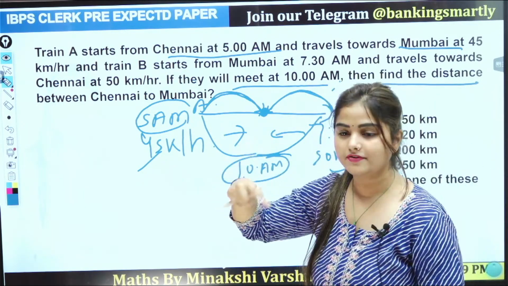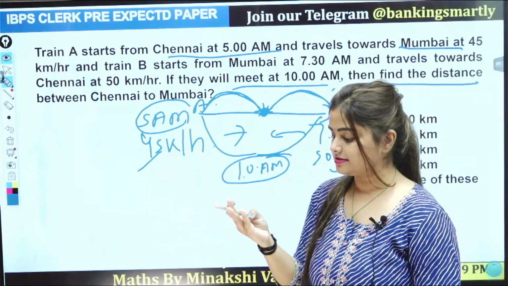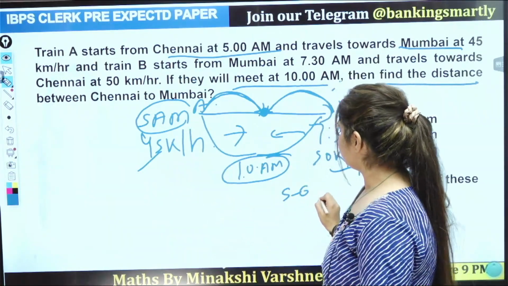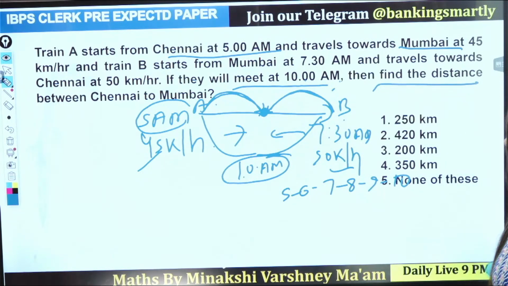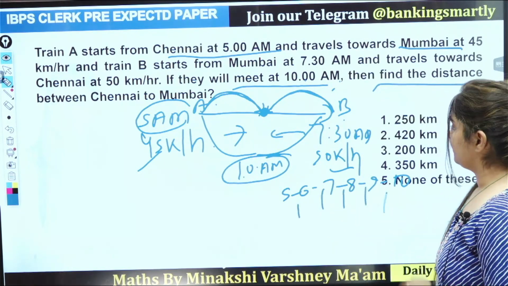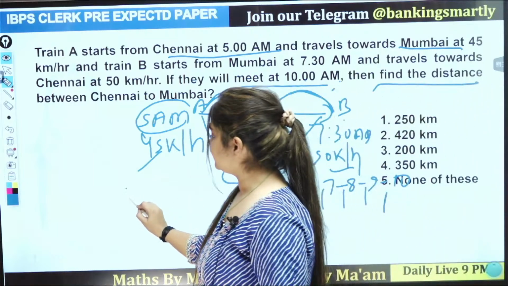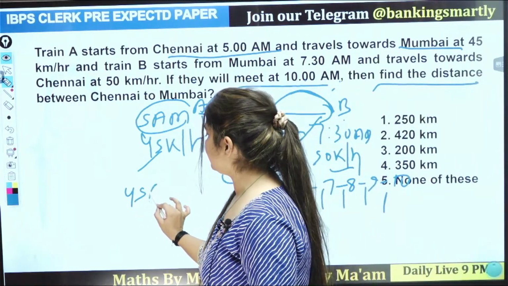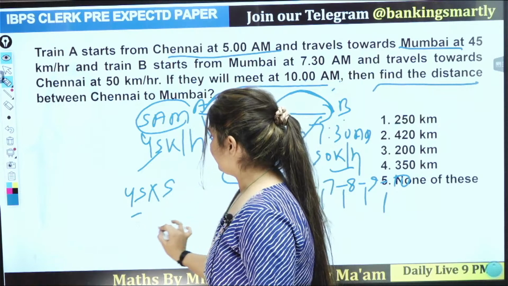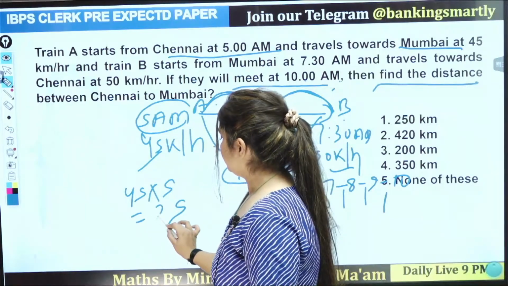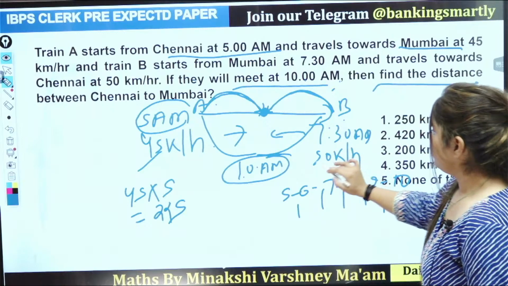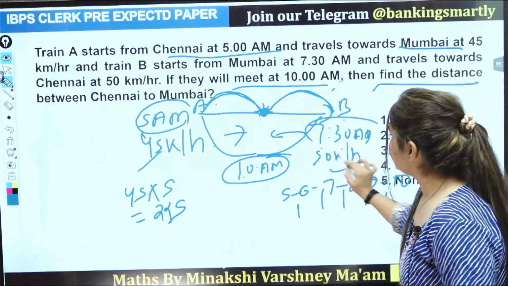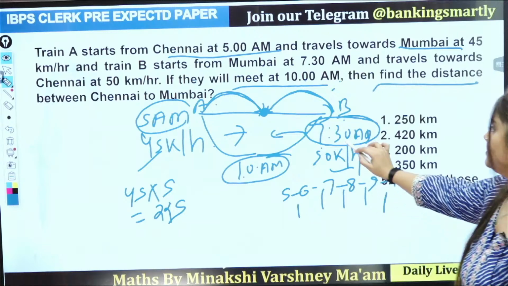With the speed of 45, A will cover in 5 hours, 5 5s are 25, 5 4s are 20, 225 distance. Clear?